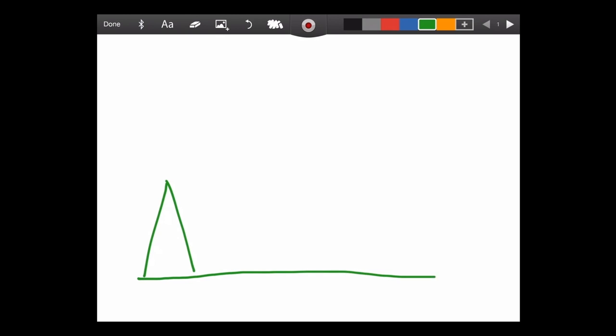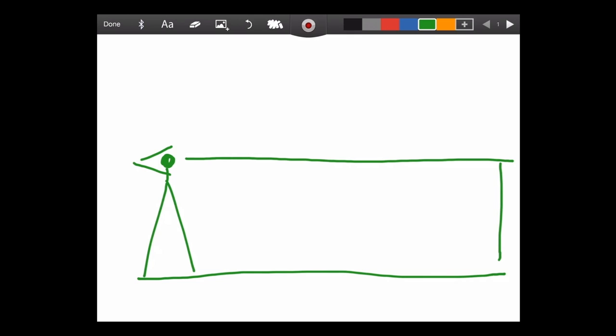Now let's go ahead and have a look at a mountain. And it's over the ground. Now our eye is right here on the mountain. This would be our level line of sight from eye level. The distance here would be the same as the distance here.